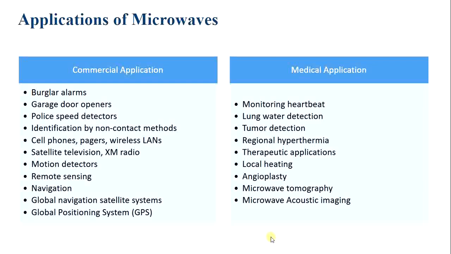With uncontrolled radiation, if the person continuously comes in the direct beam of the microwave radiation, then he can get affected with cancer. So microwaves have some disadvantages also, and if they are used in a controlled manner, they can have advantages also. So if it is used in a controlled manner, it can be used for curing the cancer also.